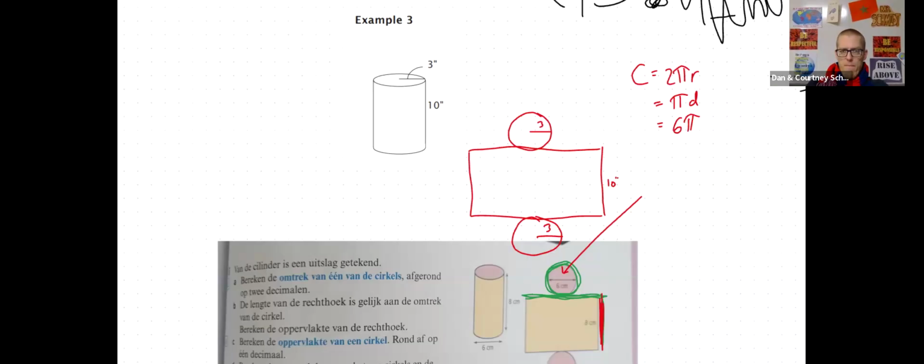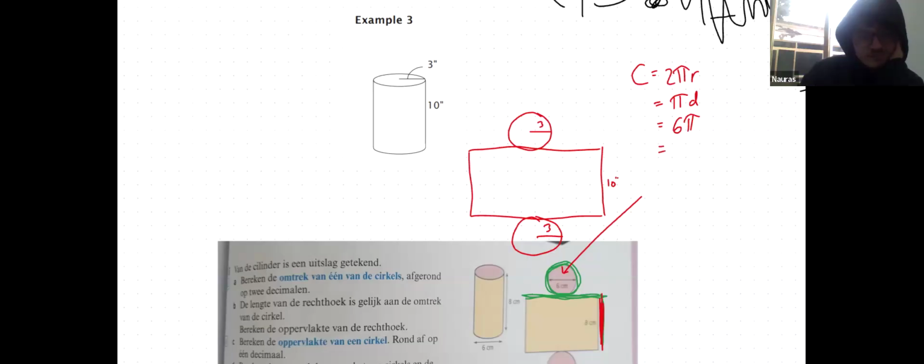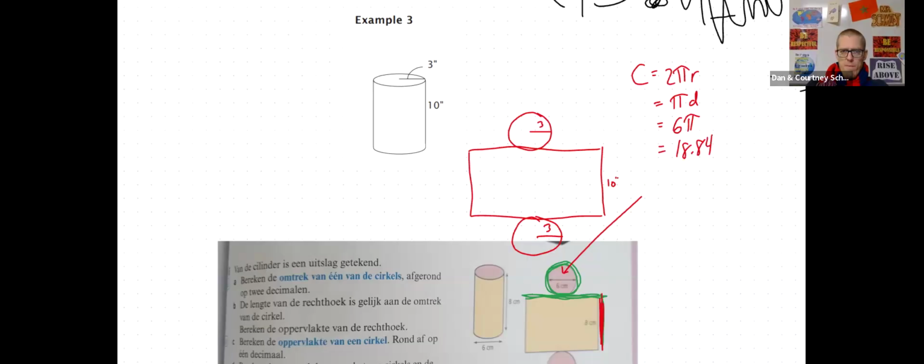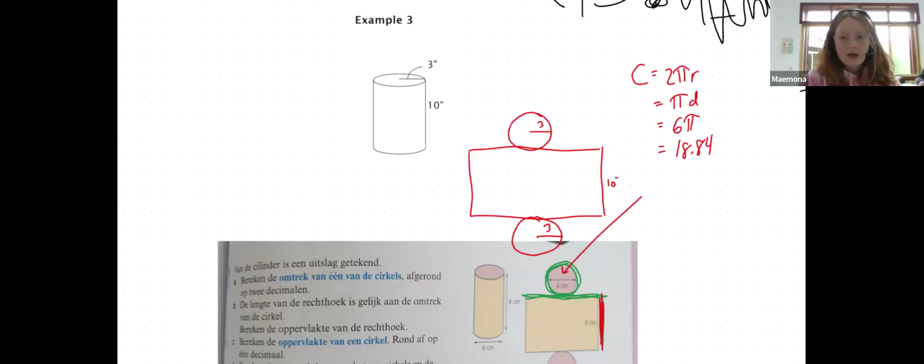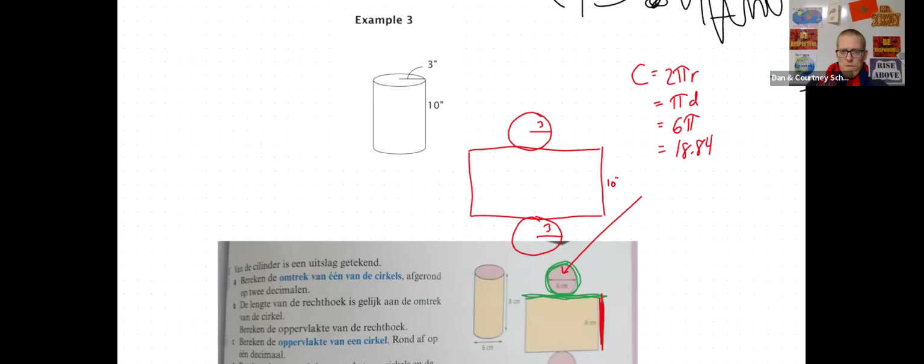That's 6 times pi? And what would the units be on that in this problem? 18.84 what? Inches squared. I mean, not squared, just inches. Okay, very good. So now I know that the distance on this rectangle is 18.84 inches.